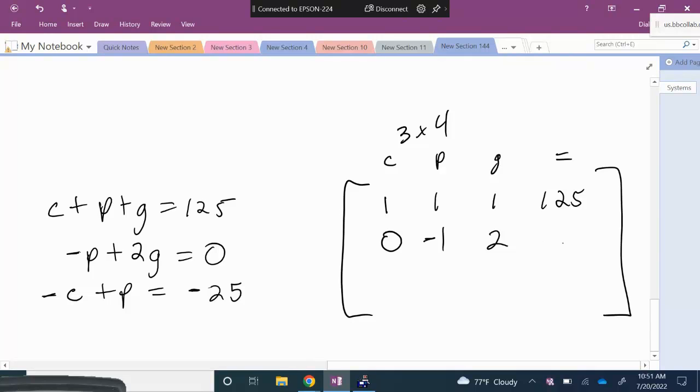The number of grandparents in that second equation is 2, and that's set equal to 0. And then for our last equation, we have negative 1 for C, 1 for P, a filler 0 for the number of grandparents, and that's equal to negative 25.